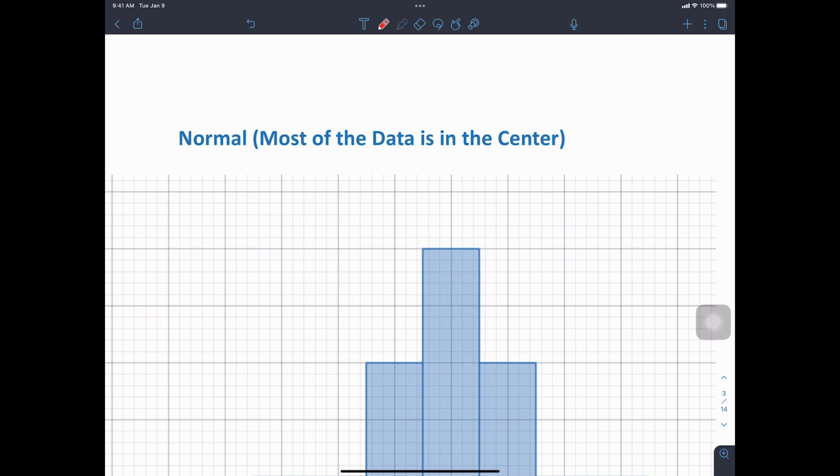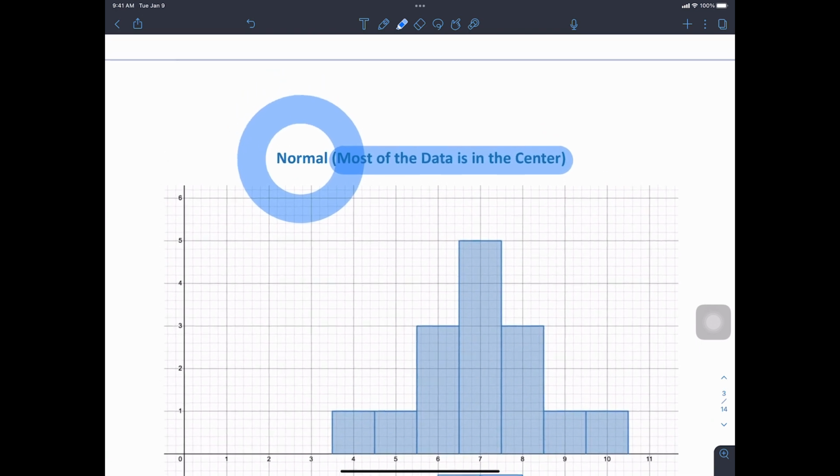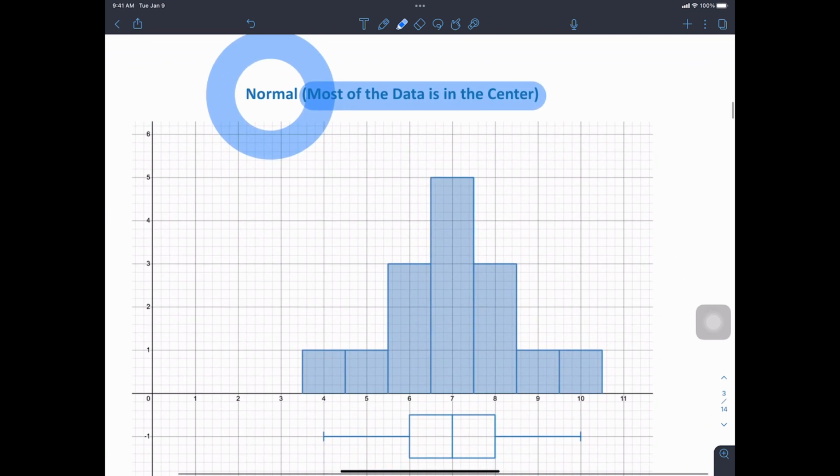Most of the data is in the what? In the center. What do we say? Distribution was what? Normal. So ladies and gentlemen, in terms of the histogram, I make the claim you guys already know what this looks like. This is the normal what? Distribution. Most of the data is in the center.